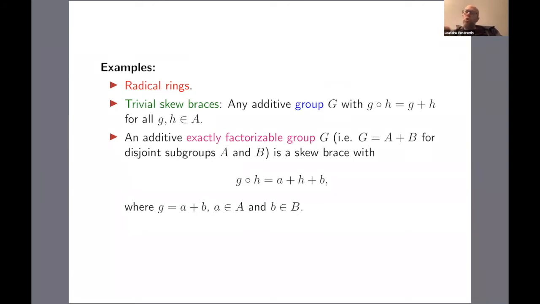So if you have a group with, for example, an exact factorization, meaning that every element of G can be decomposed in a unique way as an element of a subgroup A and a subgroup B, then you can turn this information into a skew brace with this circle operation. Okay, so you see that here you have three different families of highly non-trivial examples of skew braces.